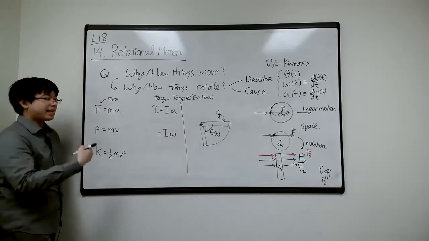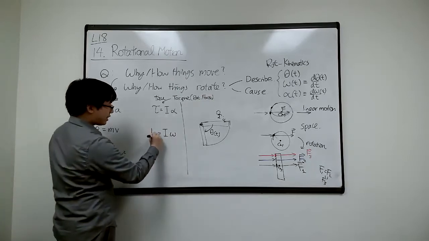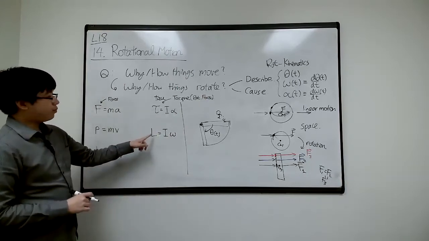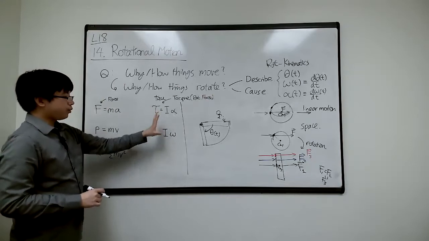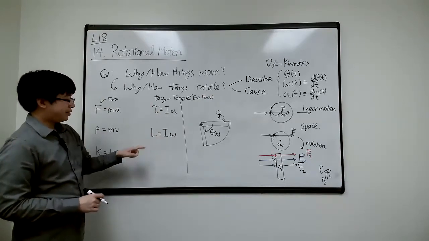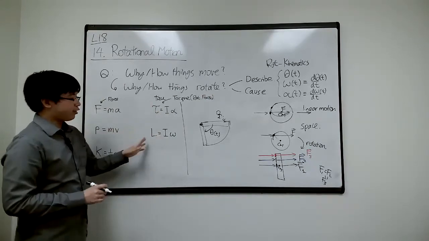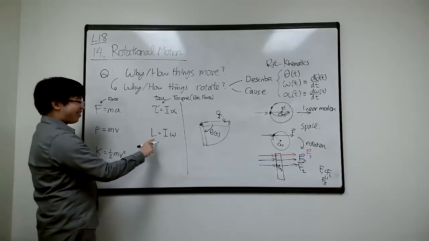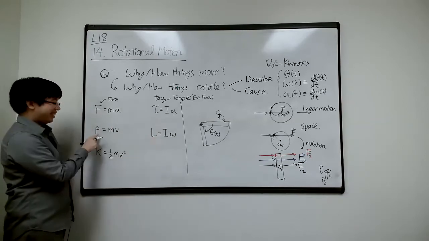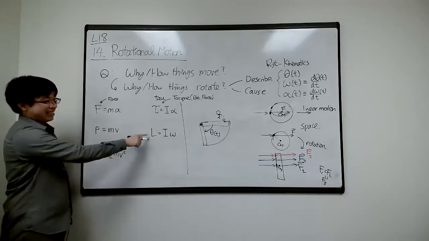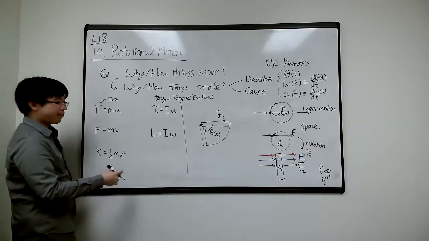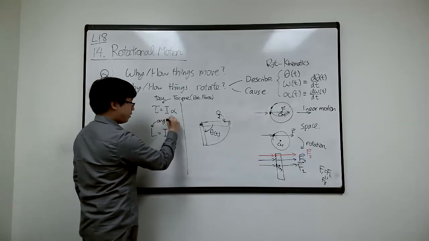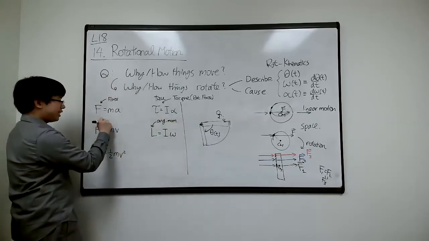And P, we need a new symbol, and it's going to be L. This is one of the few in the rotational world that are not Greek letters, but don't go down the rabbit hole of asking why a symbol is a certain way. I have no idea. But can you guess what that's called? If this is called linear momentum, well, physicists are not the most creative people. This is called the angular momentum. This is something we'll introduce today. Angular momentum. This is linear momentum.